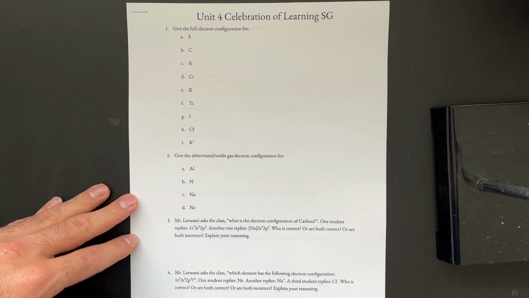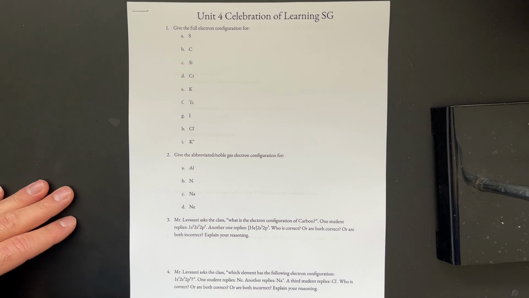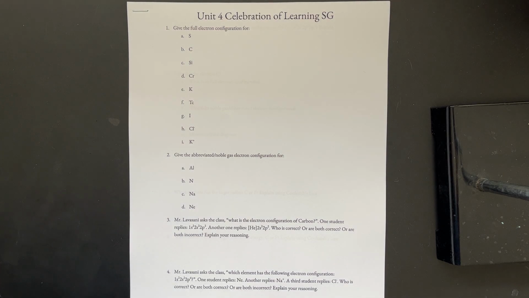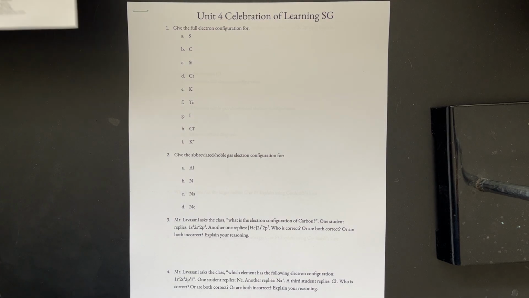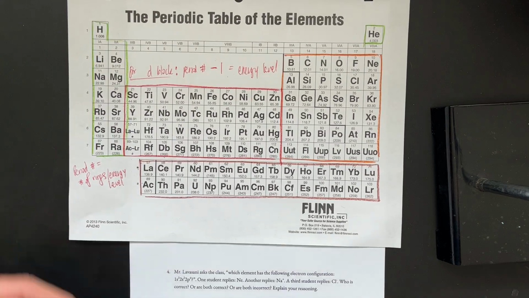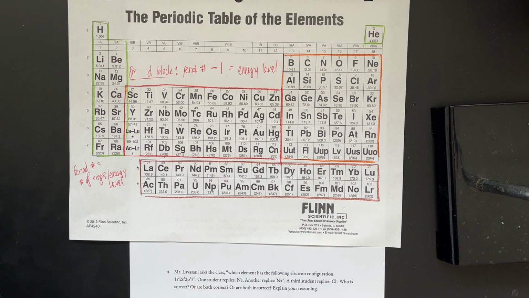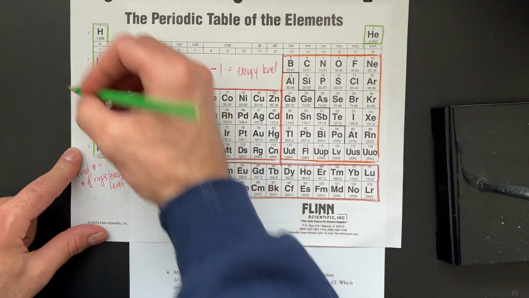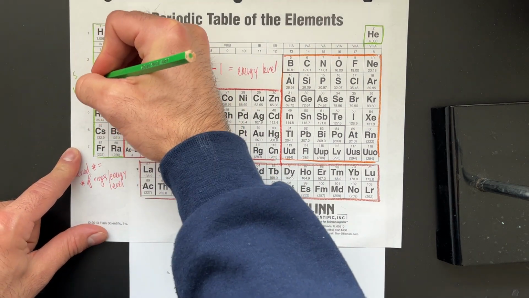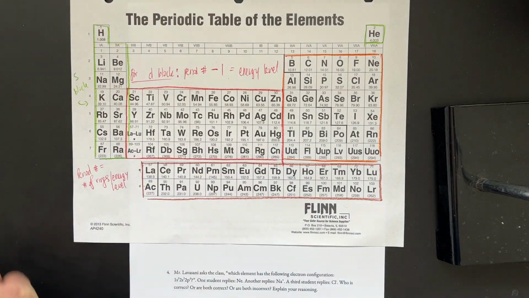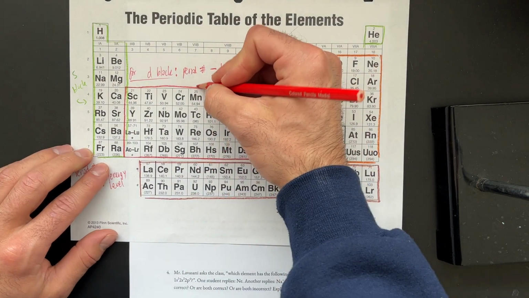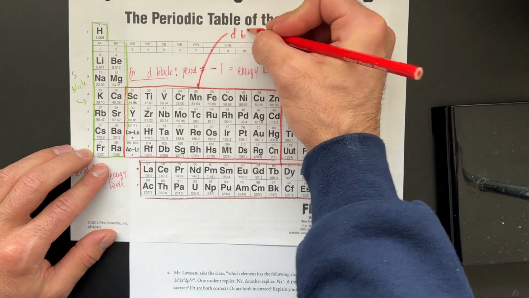First, we're going to go through electron configuration because that was the first thing you learned. And remember that when we did electron configuration, I gave you guys a periodic table and I had you annotate it, and we color coded it. These guys here are our S block elements. These guys here in the red are our D block elements.